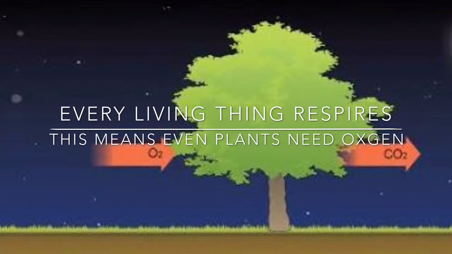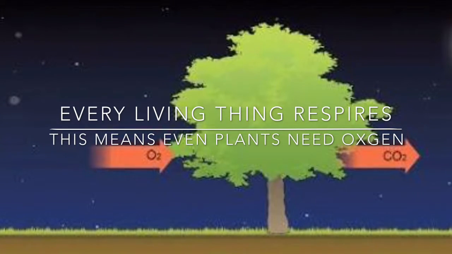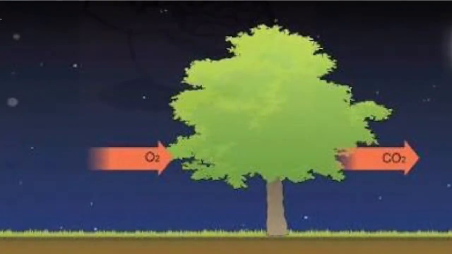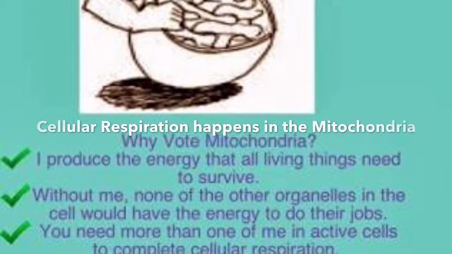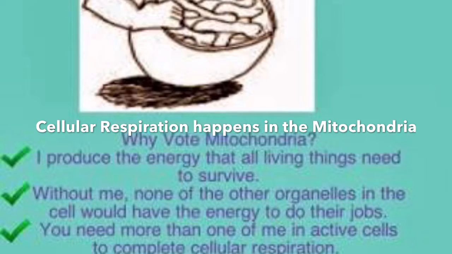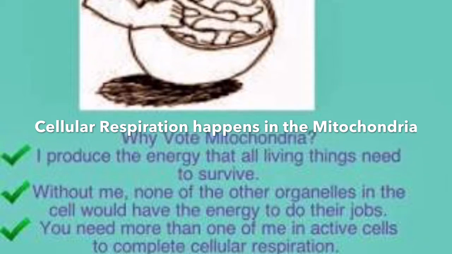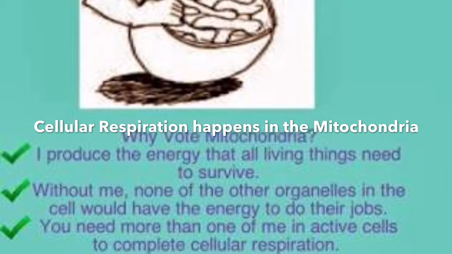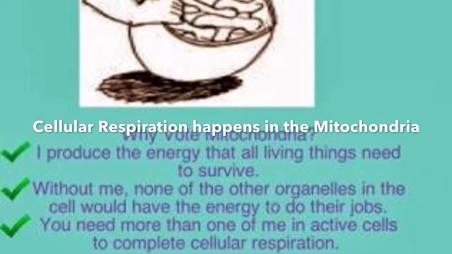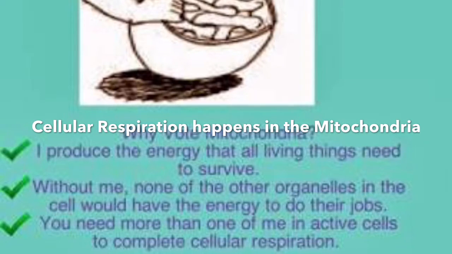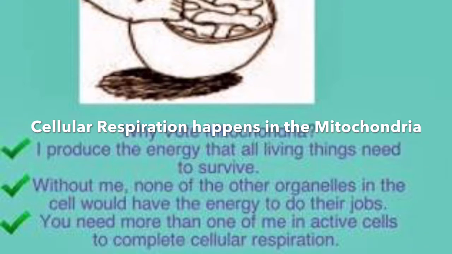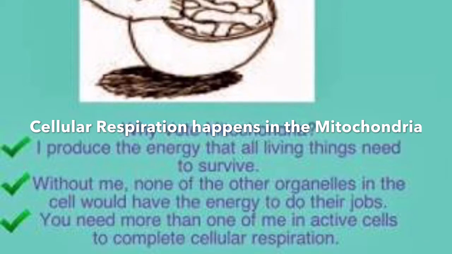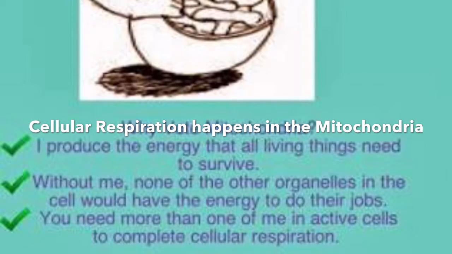The mitochondria does a process known as cellular respiration, which, through a chemical reaction of glucose and oxygen, produces carbon dioxide, water, and ATP energy, which is the energy molecule that both we and plants use as energy for our daily activities. So where does it get this oxygen?